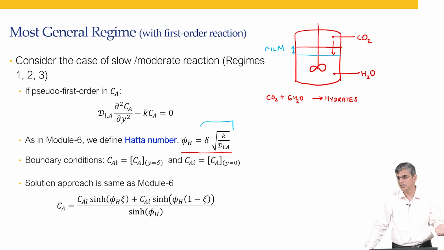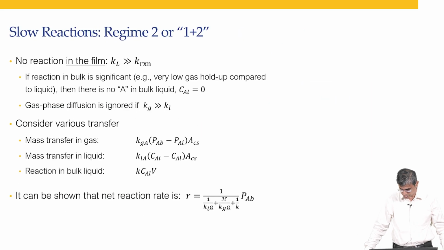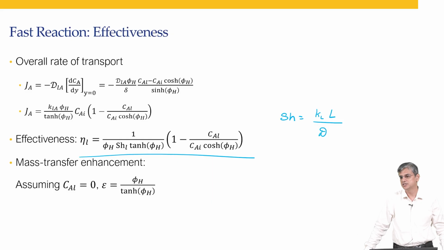There is no real bulk over there. The entire liquid is going to be your film. When a situation like this comes in, your L is defined as V by A. So that would be the one context.